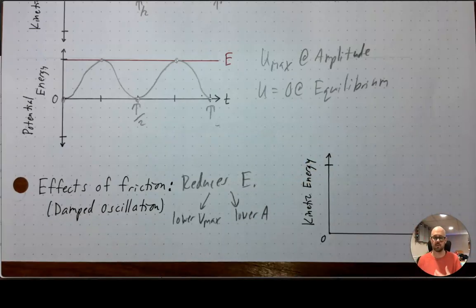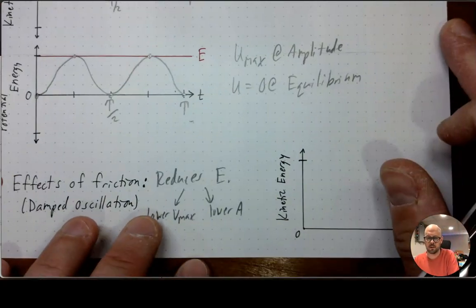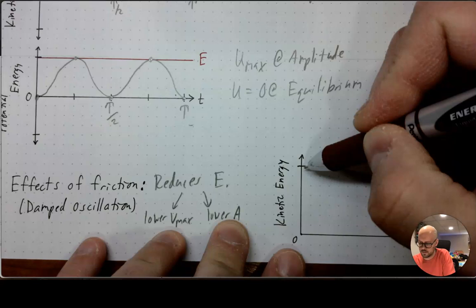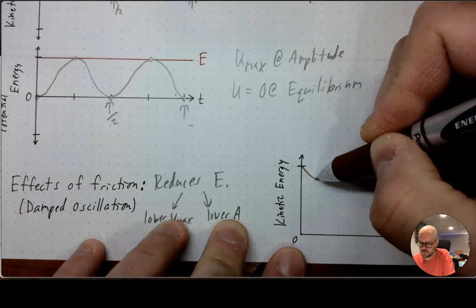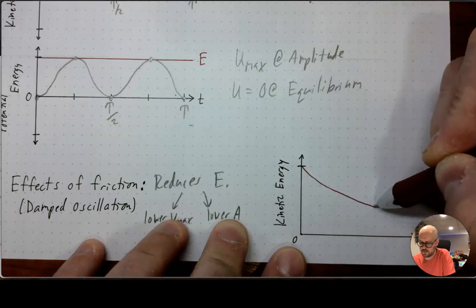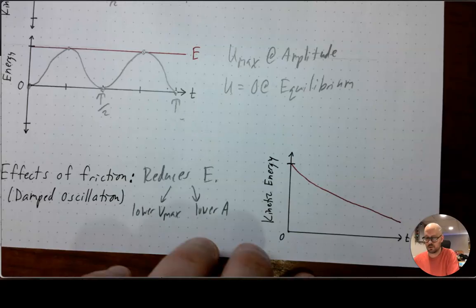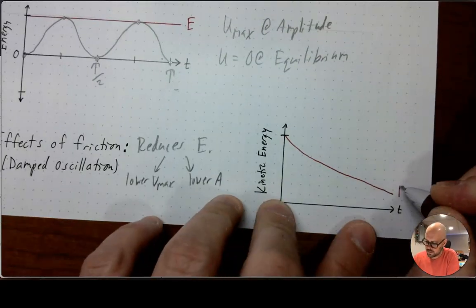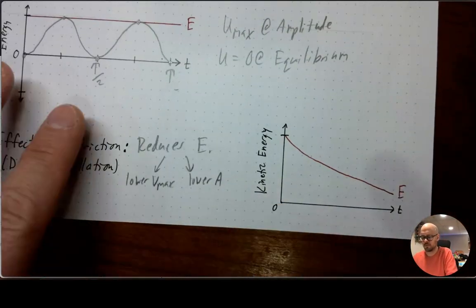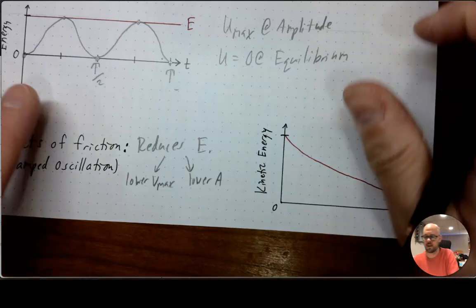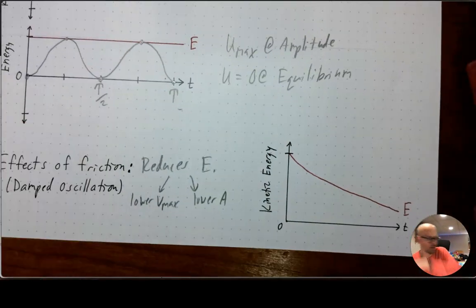So in other words, it lowers every type of energy, and so you get less kinetic energy and less potential energy as the cycles happen. And it tends to be this decaying process. So there's this inverse relationship, and that would continue down to 0. The mechanical energy graph would be this nice smooth line because friction is gradually removing energy from that system.